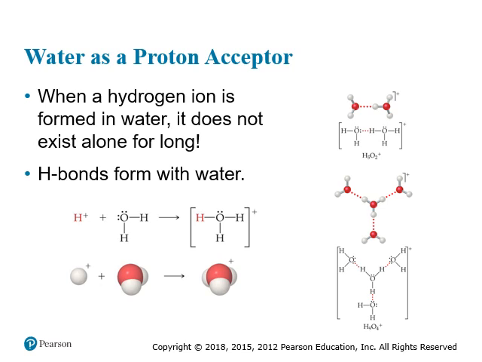Now let's consider water as a proton acceptor, or in this instance behaving as a base. When an acid dissolves in water or dissociates, then it's going to produce H+, or a proton. Now that proton is going to see all of the water molecules, and it's not going to exist in solution by itself for long.